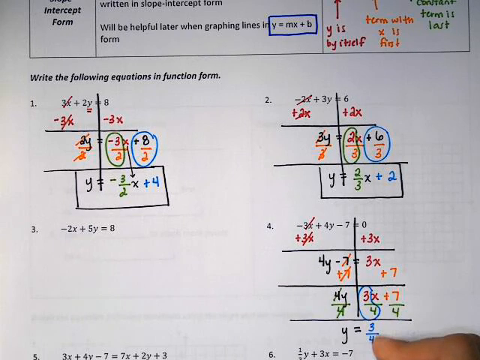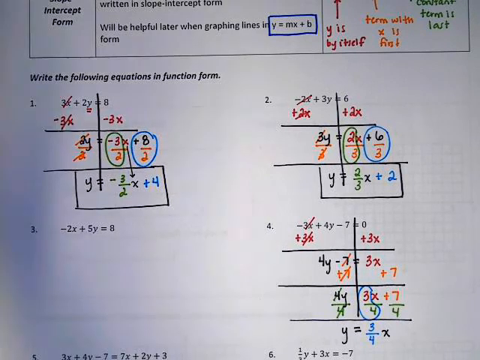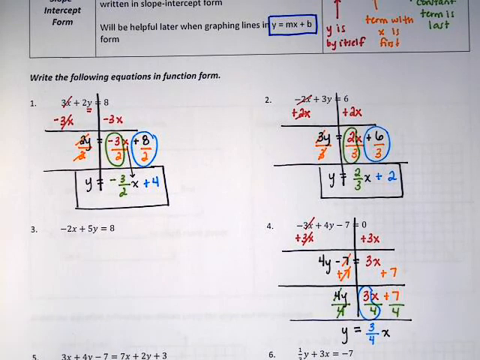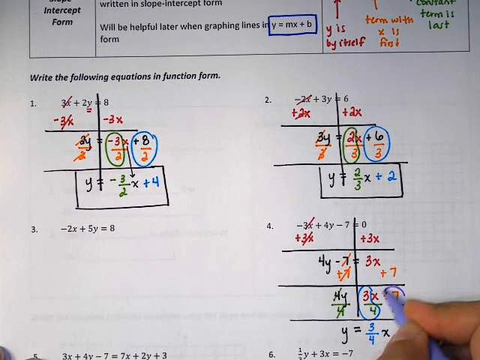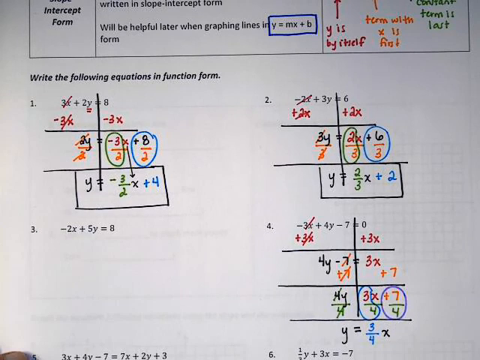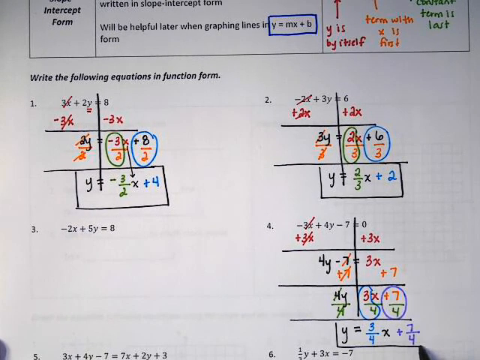So I would just write 3 over 4x. And I would then ask myself, does 7 over 4 simplify nicely? And the answer is again, no, it doesn't. It makes a decimal. So I would just copy down 7 over 4, and that would be my final answer.